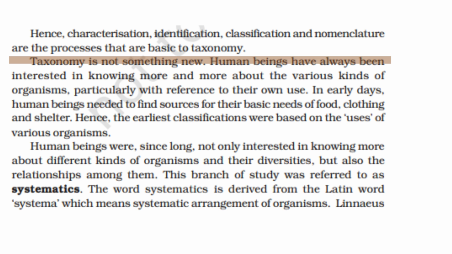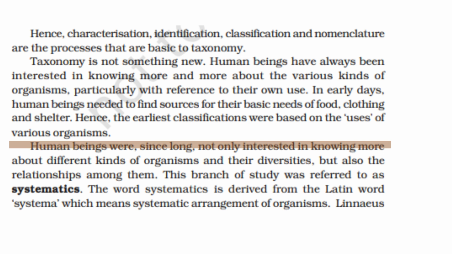Human beings have always been interested in knowing more and more about the various kinds of organisms, particularly with reference to their own use. In early days, human beings needed to find sources for their basic needs of food, clothing, and shelter. Hence, the earliest classifications were based on the uses of various organisms.